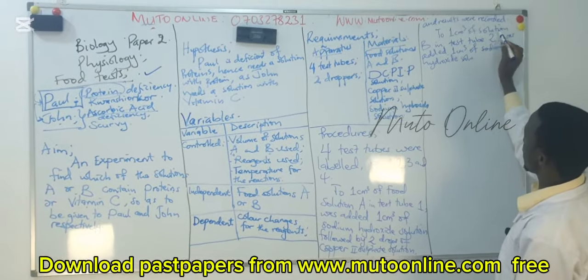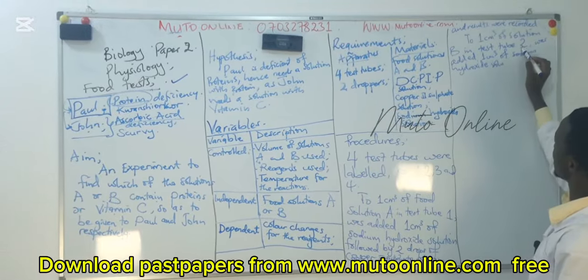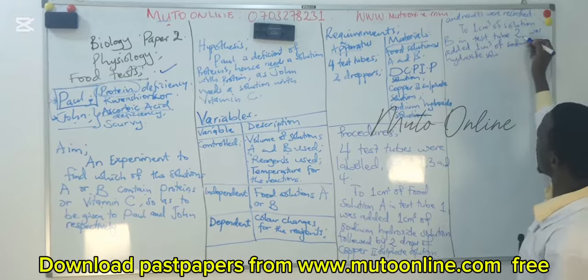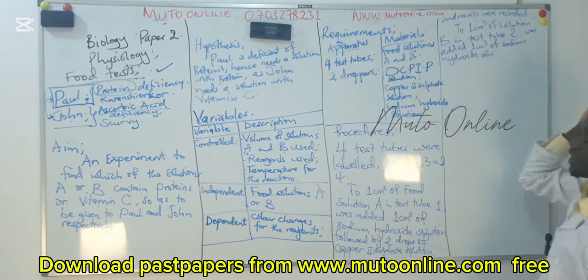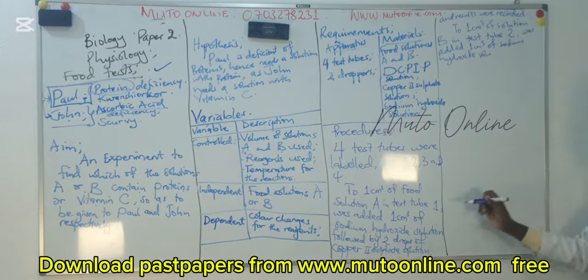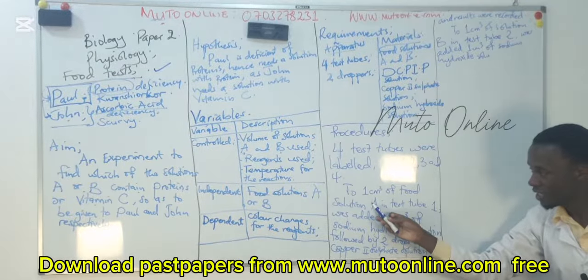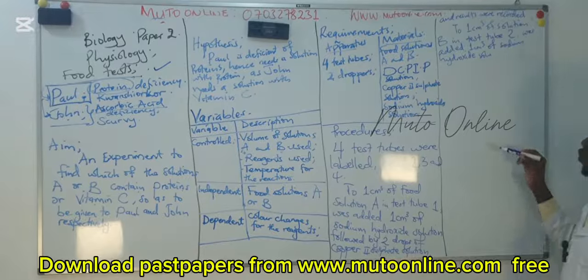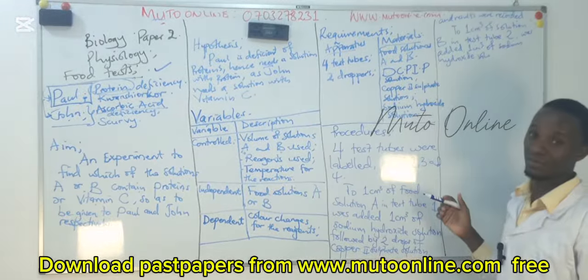Now, to 1 cubic centimeter of solution B in a test tube, we are now in the second test tube. This time using solution B. In test tube 1 we used solution A. So you can take your own direction.